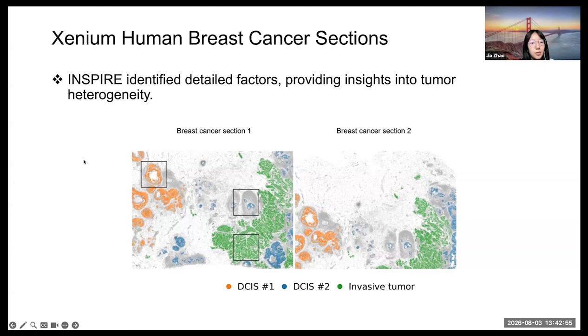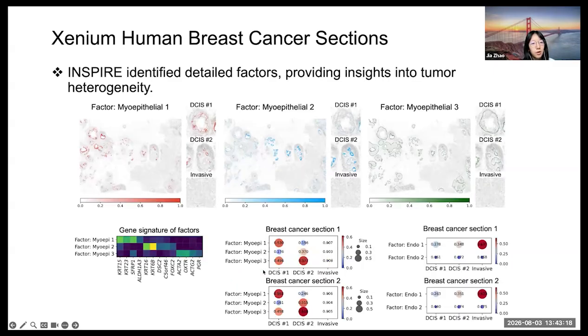Also, if we focus on Xenium data, which is a very high resolution and newer platform, here we analyze a brain cancer section containing 3 different tumor subtypes. One, in green, is more invasive, and 2 is less invasive. We carefully examined different factors, and they have different meanings, but here we only show some of them.